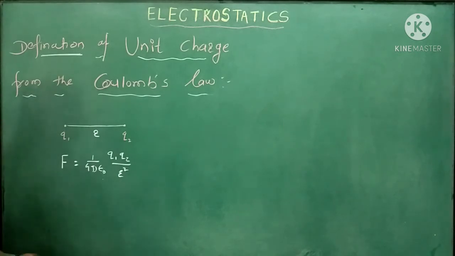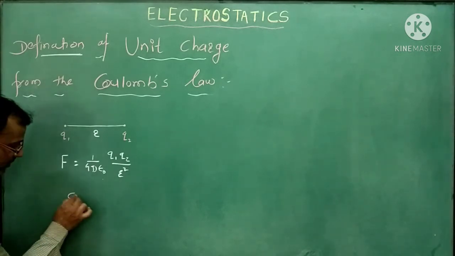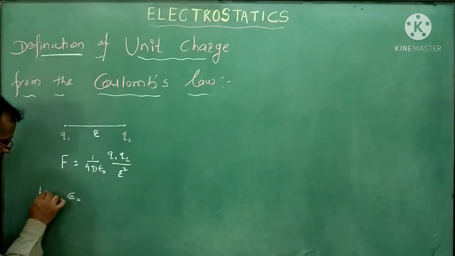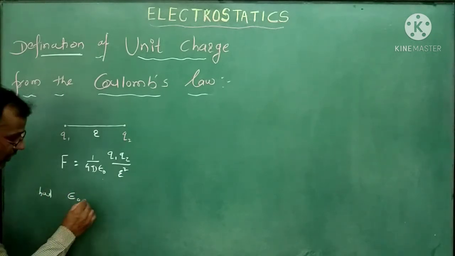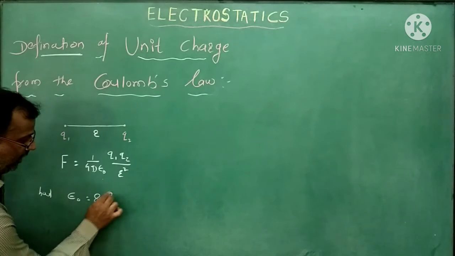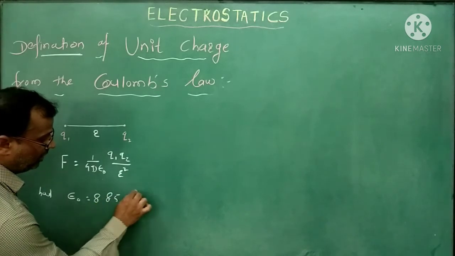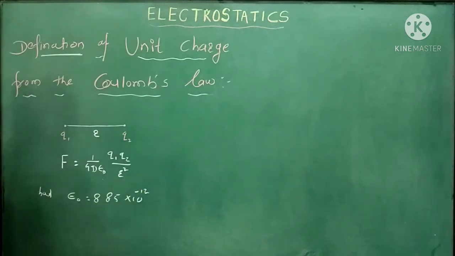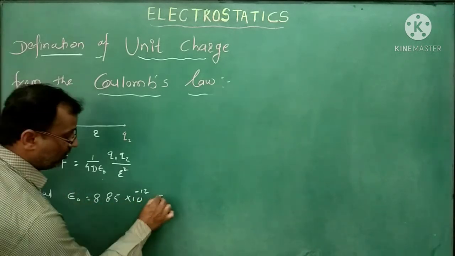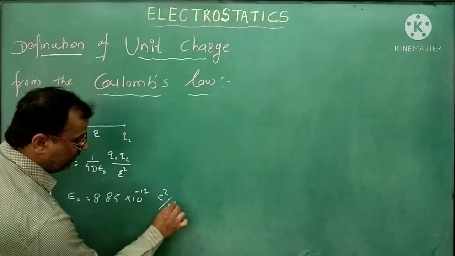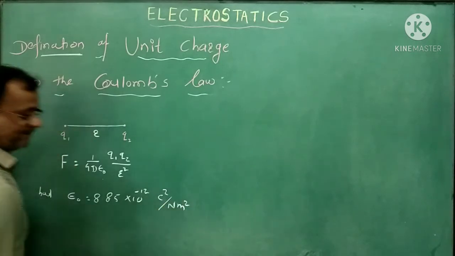Now, we know that the value of epsilon 0 is 8.85 into 10 raised to minus 12, and the unit of this is Coulomb square per Newton meter square.